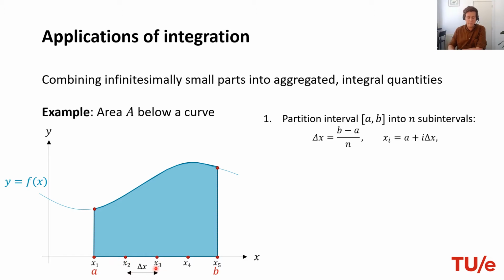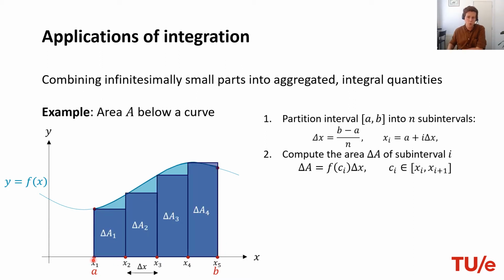Now, in each of these intervals, we will try to approximate the shape of which we want to compute the area by a shape that we know how to compute the area of. For instance, we can do this by drawing rectangles. And we see over here that we can draw, in this case, 4 such rectangles.